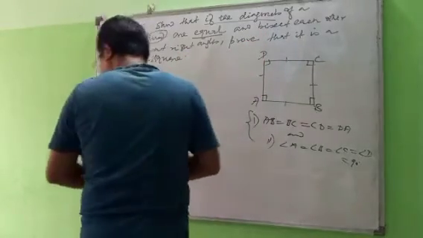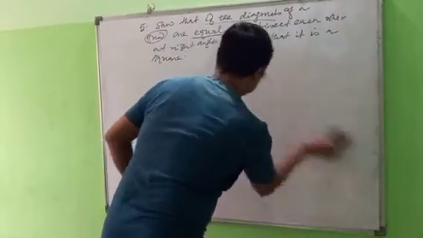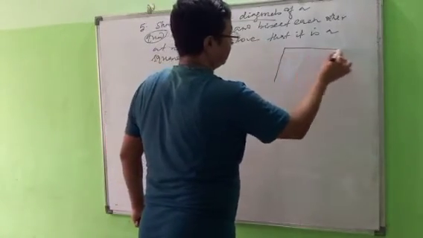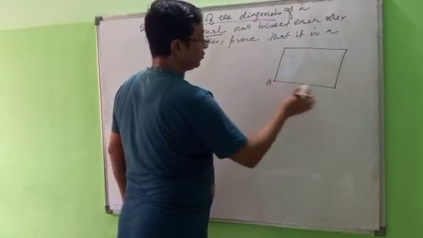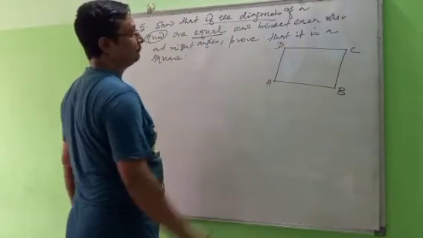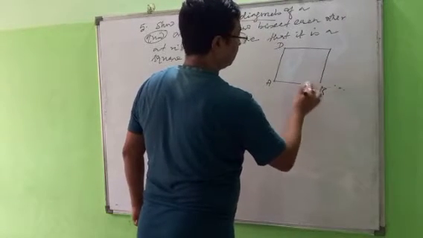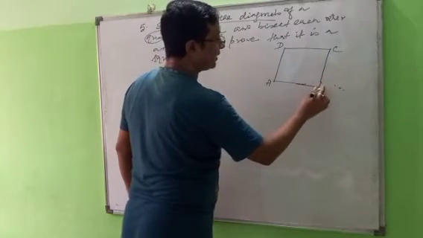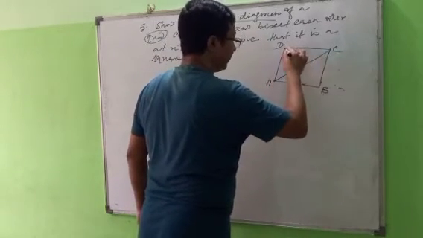So now let us take the quadrilateral ABCD. Now the diagonals are given as equal. So you join AC and BD.